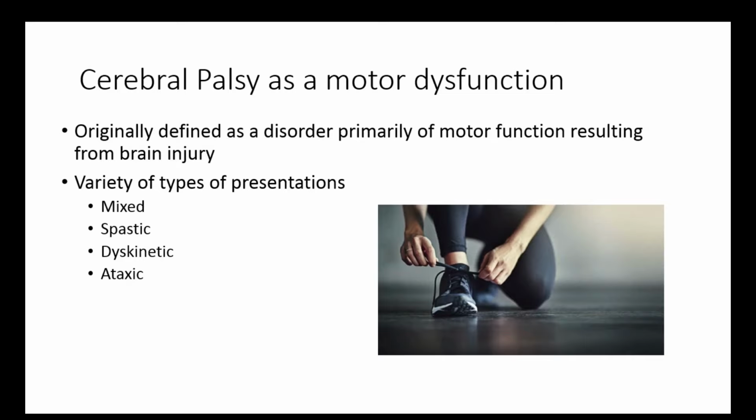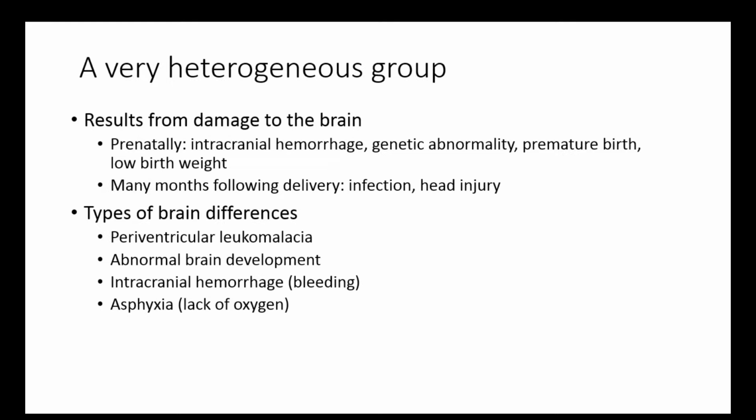A lot of that has to do with where the insult or injury is in the context of the brain's white matter connectivity. Increasingly, we have come to realize that the type and extent of injury affect not only how motor movement is impacted, but also broader cognitive and social emotional implications. As I'm sure many of you know, there are many different types of injuries and insults an individual could present with.